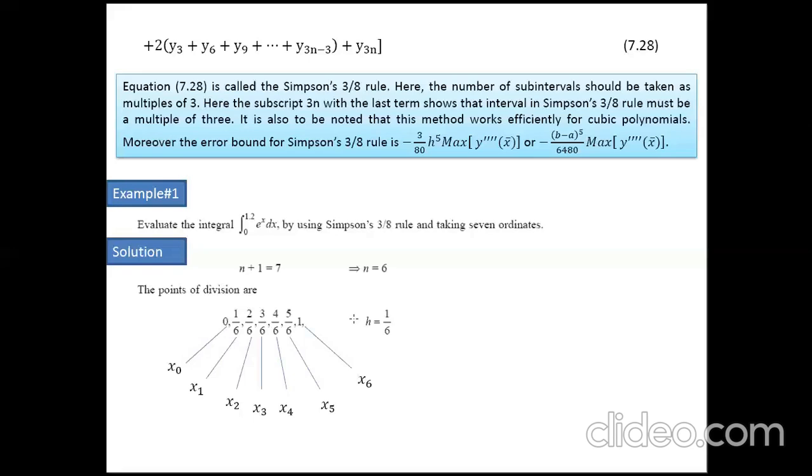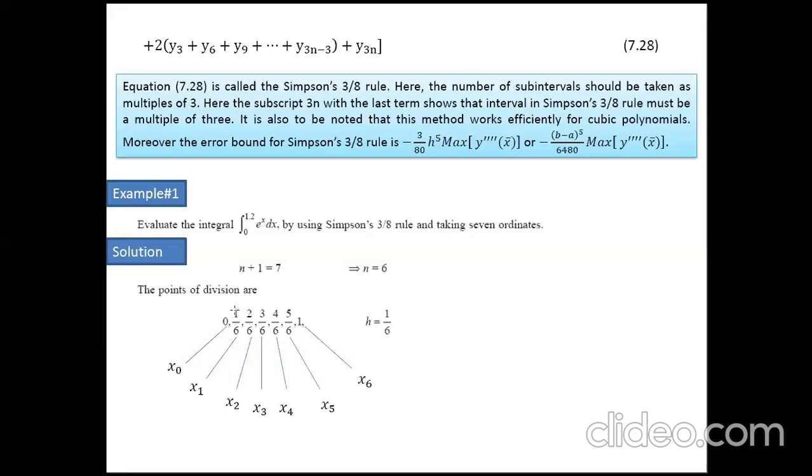So here x0 will be 0, x1 will be 1 by 6, x2 will be 2 by 6, x3 will be 3 by 6, x4 will be 4 by 6, x5 will be 5 by 6, x6 will be 1. Why?